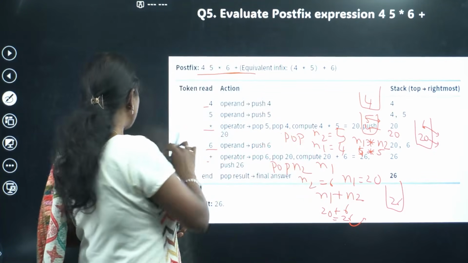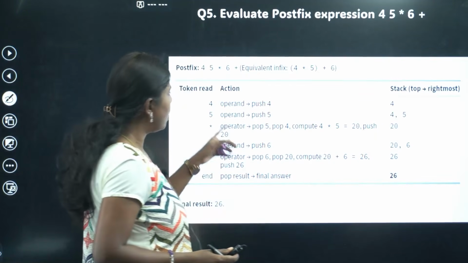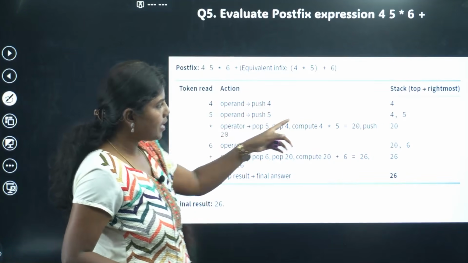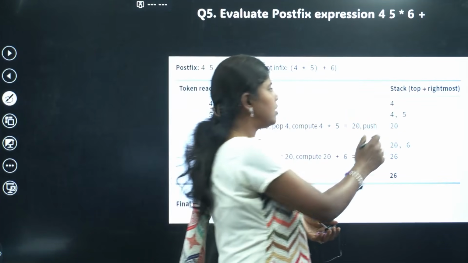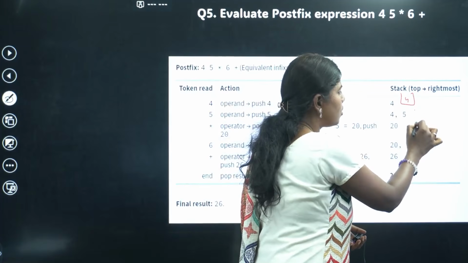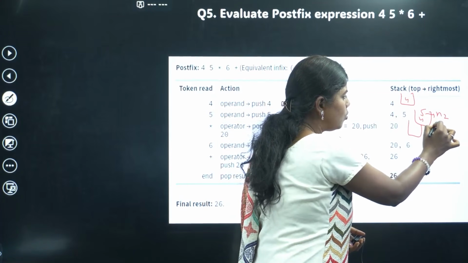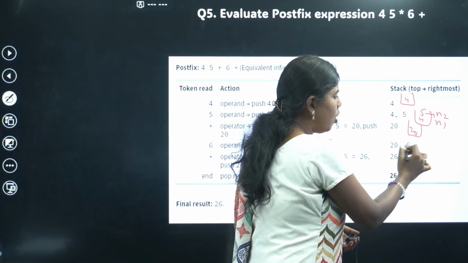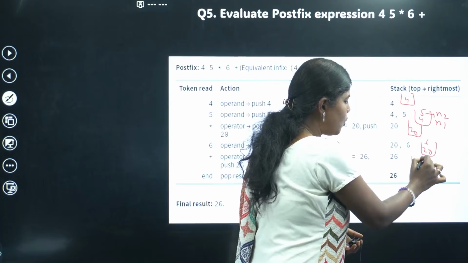The way the representation they have shown is a bit different here. If you want, I'll explain there or here also. Operand: push 4, push 5. That stack imagination will be easy. This is 4, 5. I've removed it. This is N2, this is N1. This is 20, and top of it 6 is there, and 26 will be there.